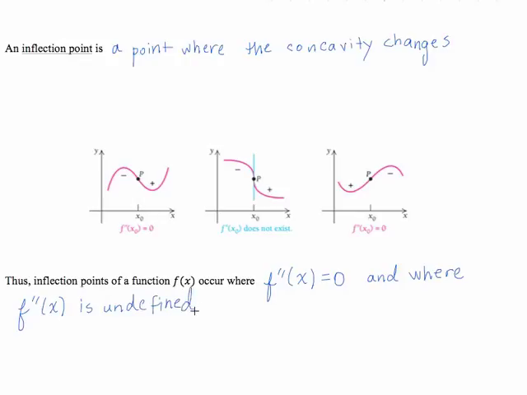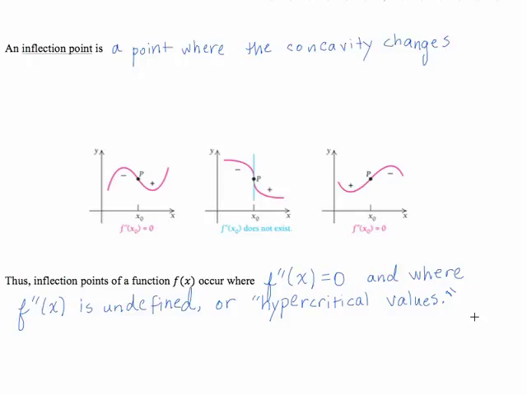Okay, some people call these hypercritical values. Sort of like critical values, but we're referring to the second derivative here, so hypercritical values. Another thing to be aware of is that concavity of a function could also change at discontinuities.